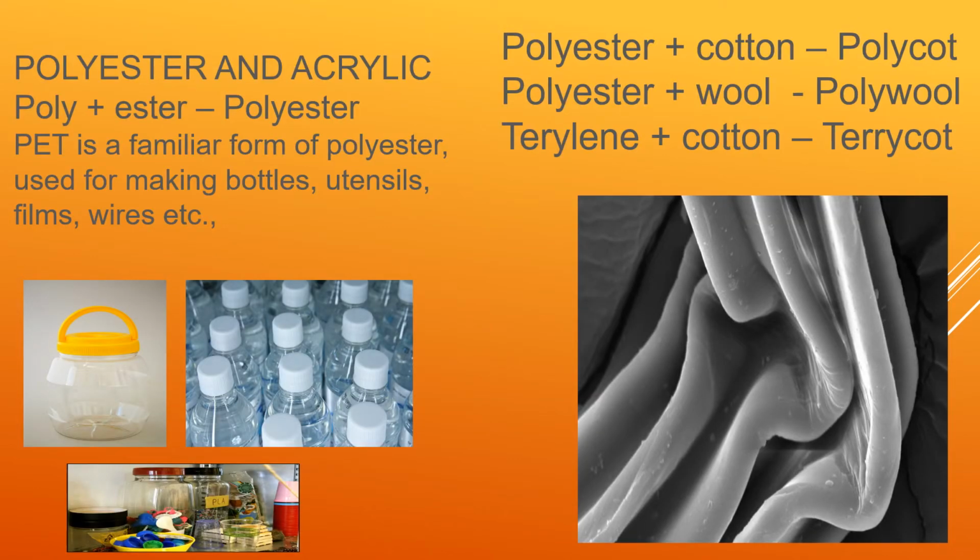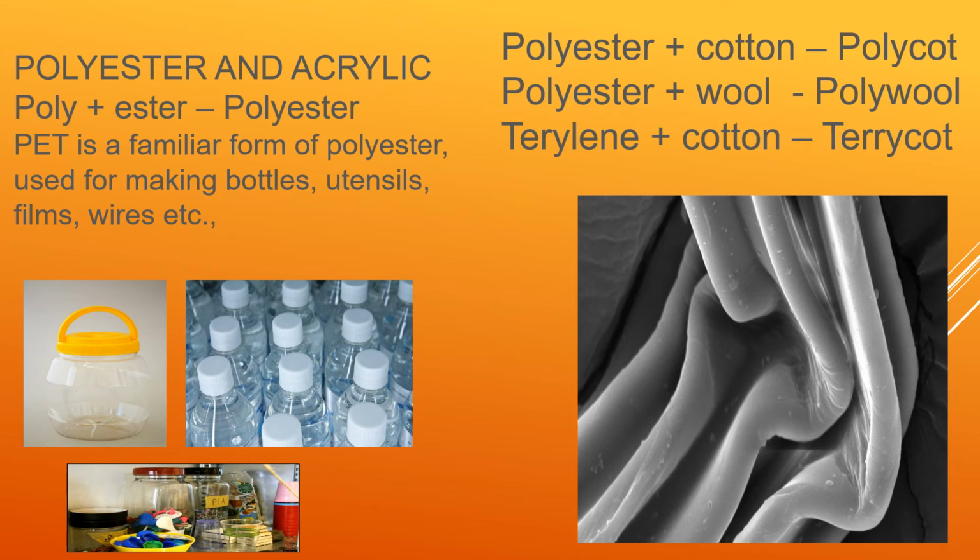Let's learn about another synthetic fiber, polyester. Polyester is actually made up of a repeating unit of chemical called an ester. Esters are the chemicals which have a fruit smell. Fabrics are sold by names like polycot, polywool, terrycot, etc. Terylene is a popular polyester.